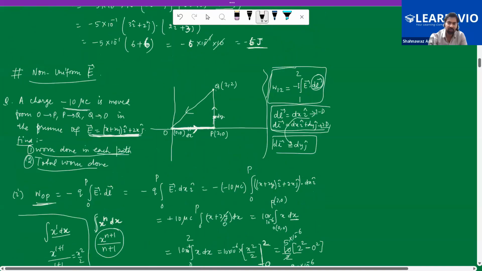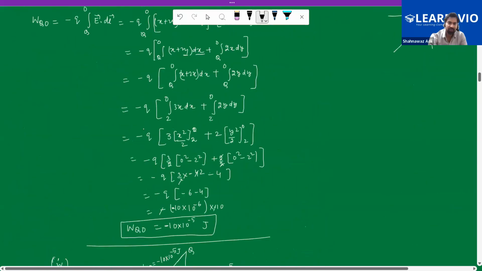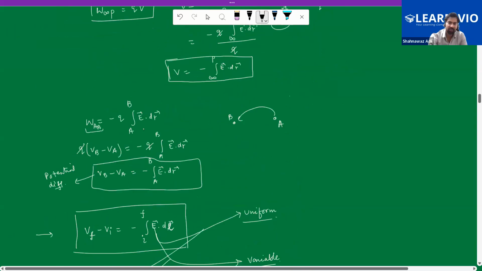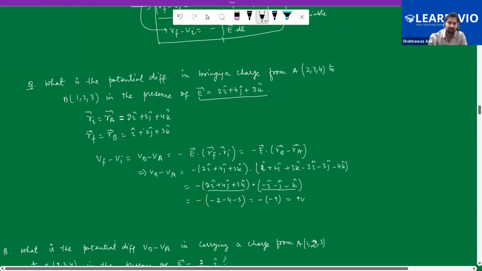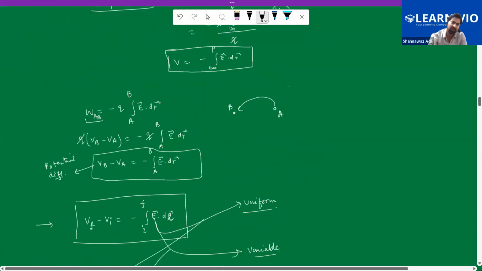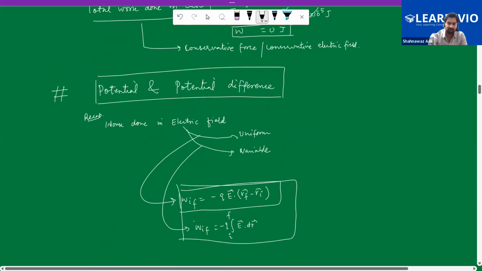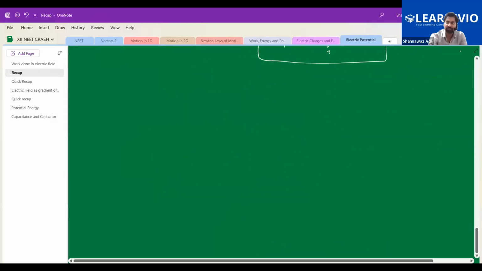Where is the non-uniform one? If we don't have any non-uniform one, then potential difference. Okay, let me give you guys a non-uniform one. I don't have it in here, so let me give you a non-uniform.